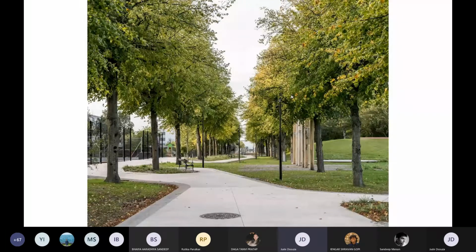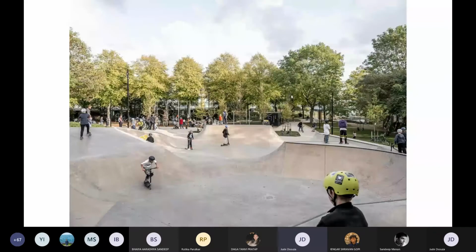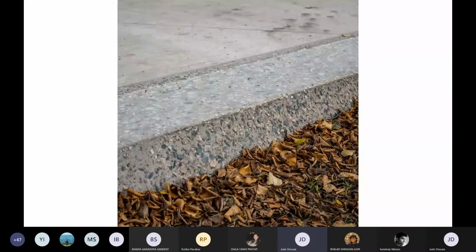And then this is where the active zone is, where all the paths converge, and this beautiful landscape created out of concrete, which is then the skate park. And just a little bit of detail of, I guess, this pebble finish, the edge, and then you see the concrete.